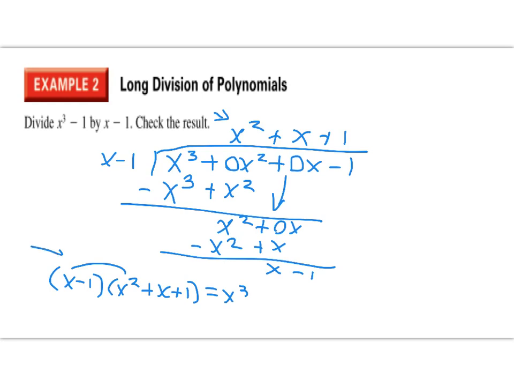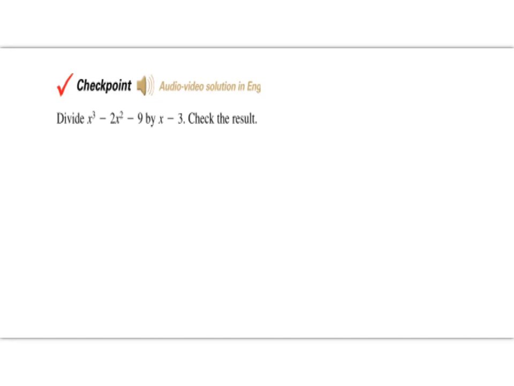X cubed plus x squared plus x minus x squared minus x minus 1. So the minus x squareds go away, this goes away, and you end up with x cubed minus 1. So you know you're correct. Okay, this is your turn, so go ahead and do the division and check yourself, and I'll put the answer up in just a second.